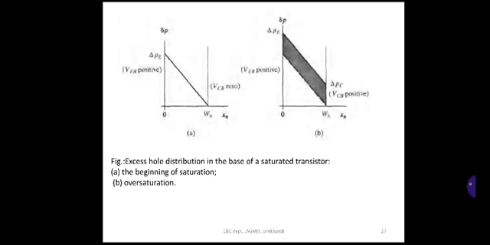Here the collector junction has just reached 0 from reverse bias. So the magnitude of minus VCE is very small.